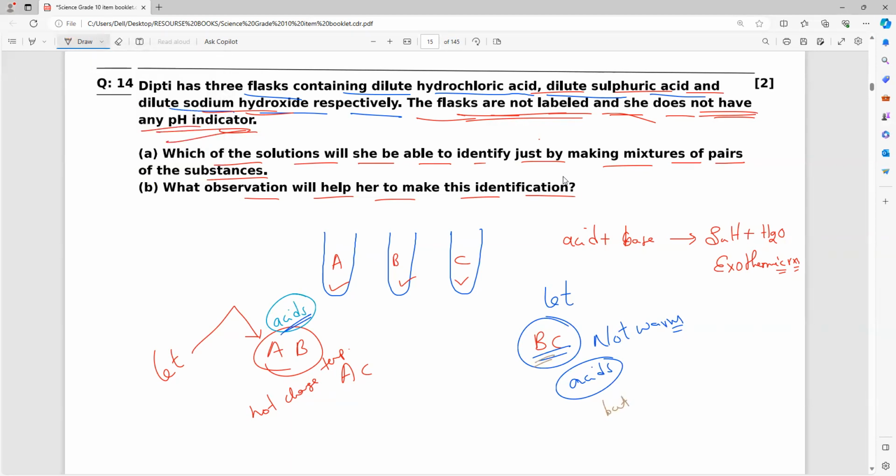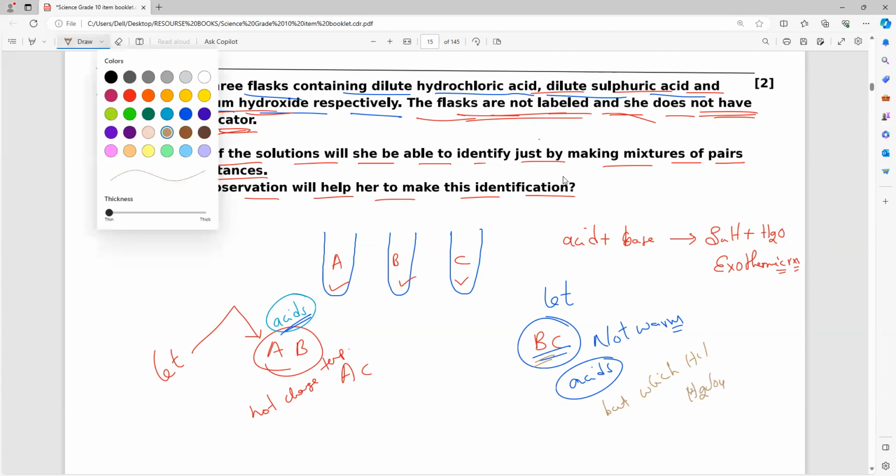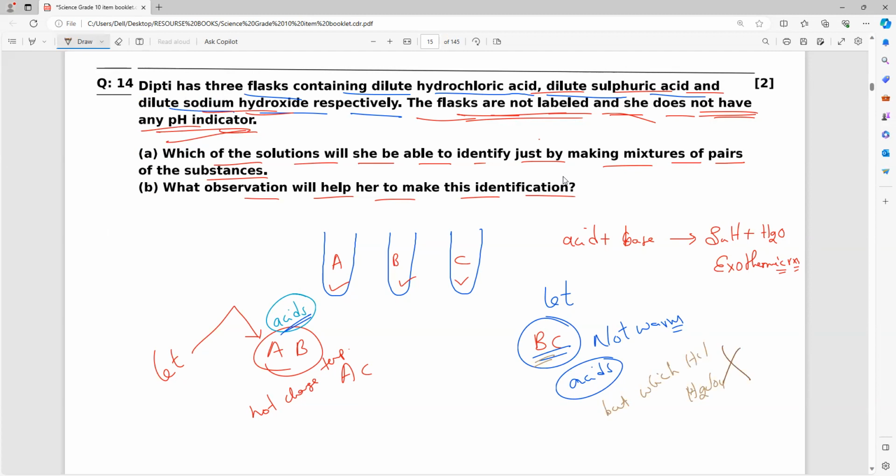But which is HCl, which is H2SO4? Is it possible to identify? No. We cannot identify which is HCl and which is H2SO4.